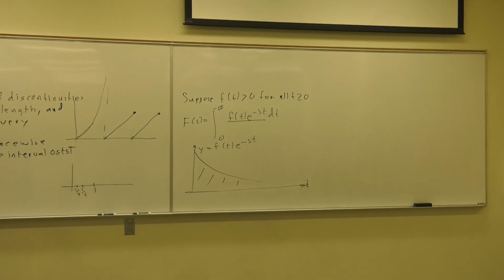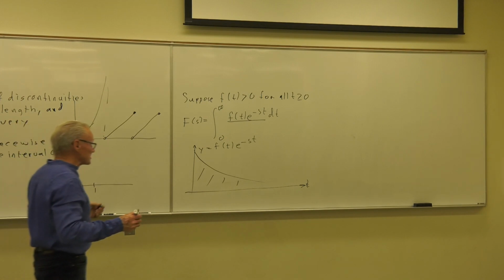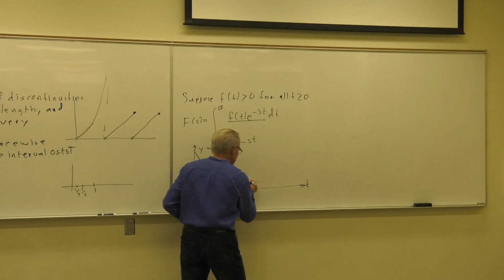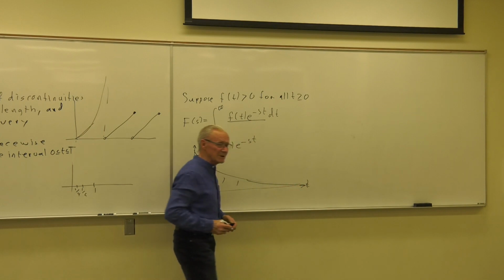And I want this integral to exist, which means that area's got to be finite. Which means, for sure, that this has got to come down and approach the t-axis.